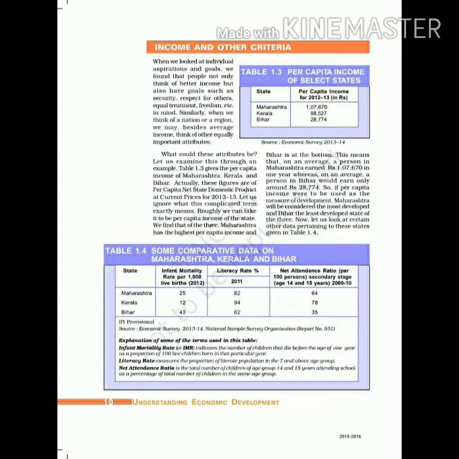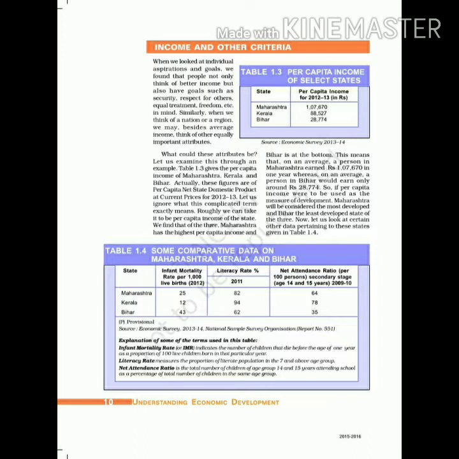With income, government uses some other parameters or tools to measure the development of states or countries, and here we will see how few states are compared, their development are seen. Firstly, we will come to know what is infant mortality rate.